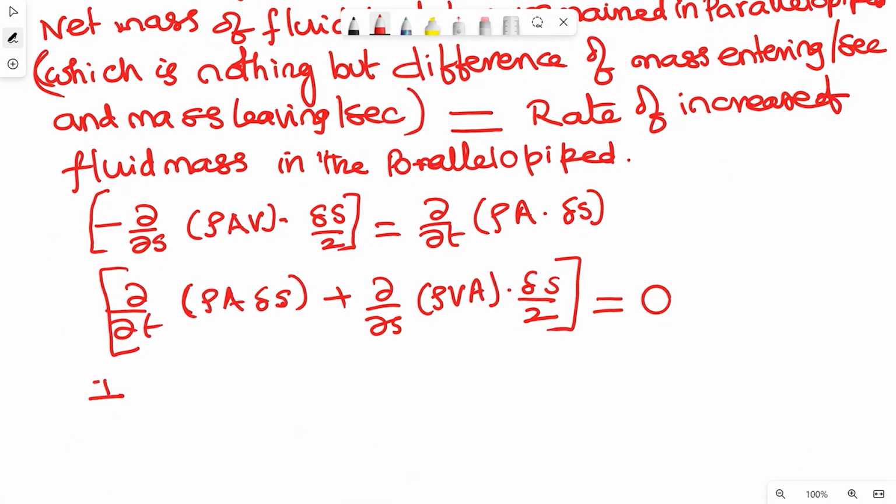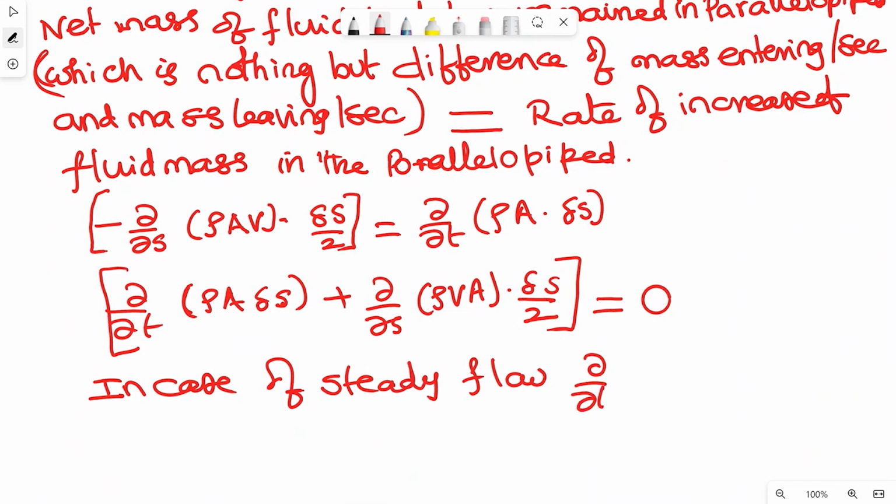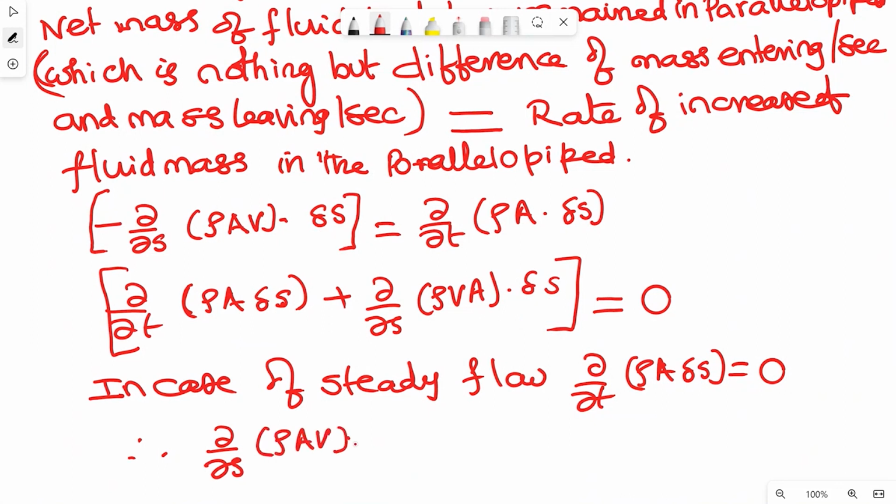In case of steady flow, dou by dou T of rho A into delta S is equal to 0. Therefore, dou by dou S of rho AV into delta S is equal to 0.